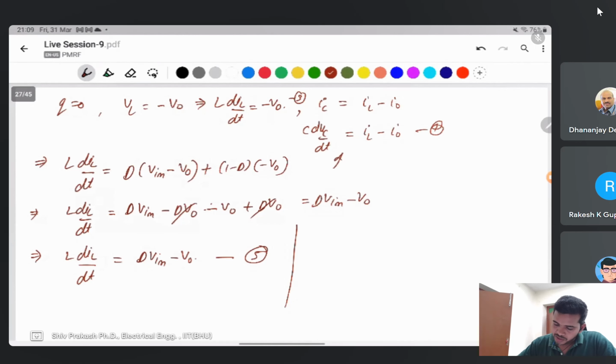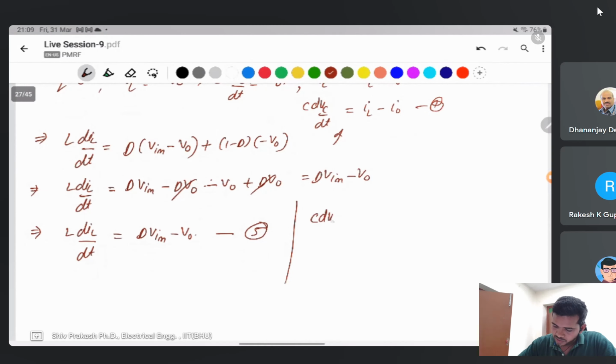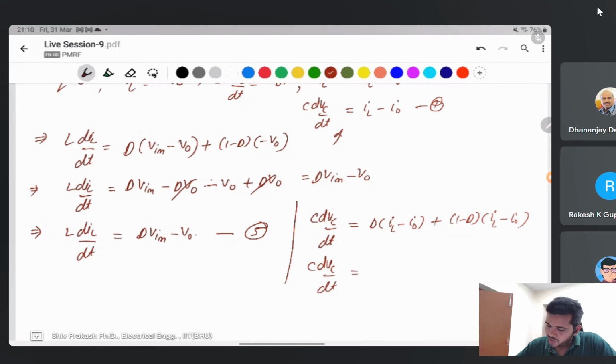Similarly, C dVc by dt is the capacitor current: d into IL minus I naught plus 1 minus d into IL minus I naught. Then C dVc by dt is equal to d into IL minus I naught plus 1 into IL minus I naught minus d into IL minus I naught.